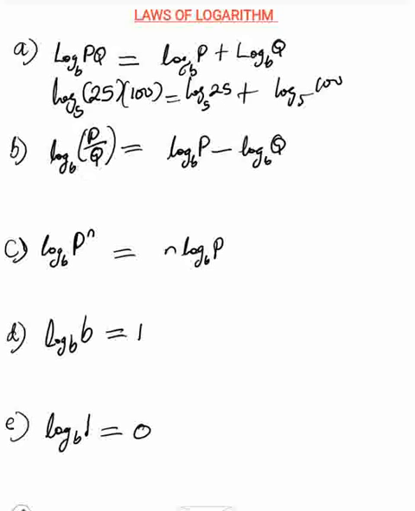The same way we have the B part now, let's say a sort of the division law. So if we have numbers of the same base being divided, like P being divided by Q, and they are of base B, we can simply write their logarithm this way.